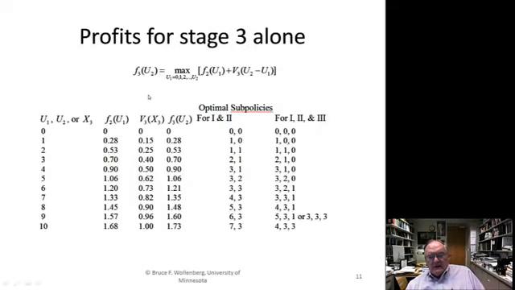So we now have a table that looks like this, and you'll notice now that you don't see X1 or X2 anymore. You see this that we generated before, and we have a table for X3 for 1, 2, 3, 4, 5, all the way up to 10. And we just start and say, okay, if I'm going to allocate 0, once again I get 0. If I'm going to allocate 1, I will either allocate it and use this or this.